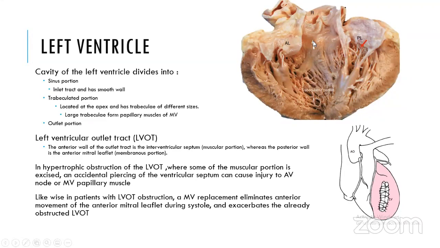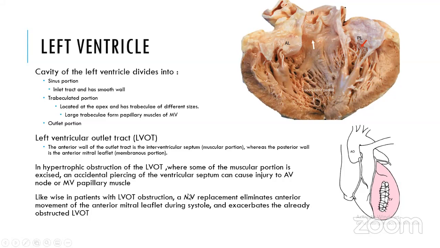The left ventricular outlet tract has an anterior wall, the interventricular septum, and a posterior wall, the anterior mitral leaflet. In hypertrophic obstruction of the left ventricular outlet tract, where some of the muscular portion is excised, accidental piercing of the ventricular septum can cause injury to the AV node or mitral valve papillary muscles.